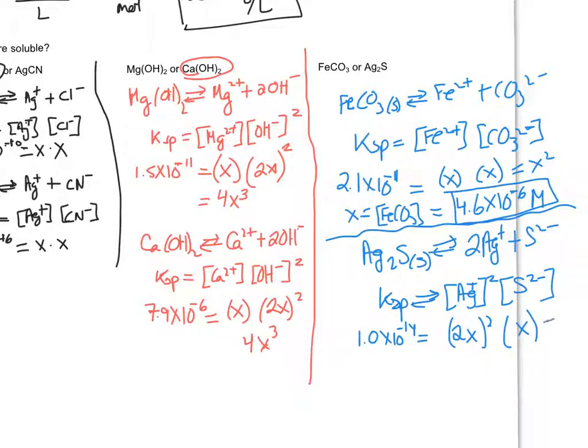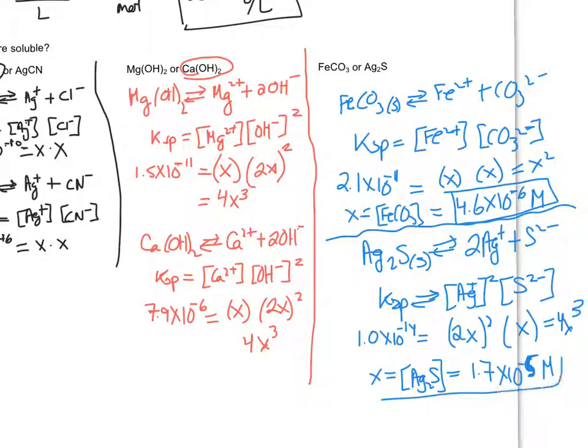So that is 4X cubed. And so if you solve for X, which would be the concentration of the Ag2S in a saturated solution, that ends up being 1.7 times 10 to the negative 5th molar. That's a 5 there. So here's this one. So that's what you compare.